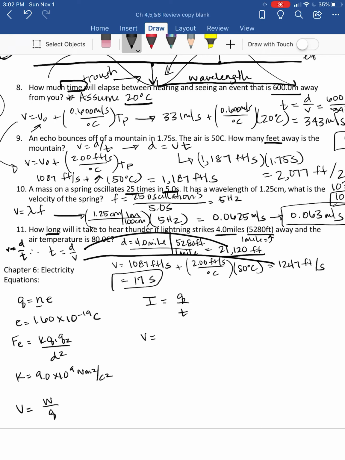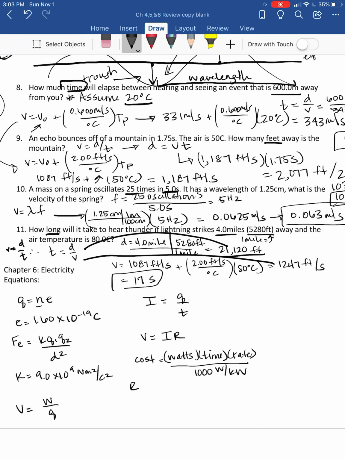We also had Ohm's law, which was voltage or electric potential is equal to current times resistance. We had an equation for cost, so watts times time times the rate divided by 1,000 watts per kilowatt.